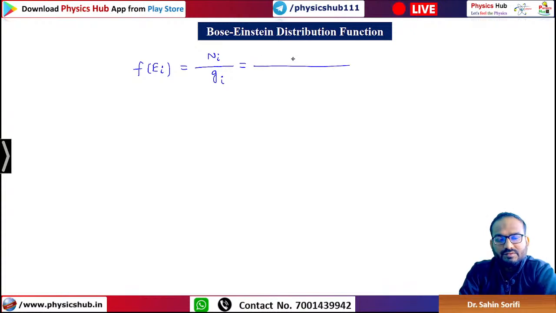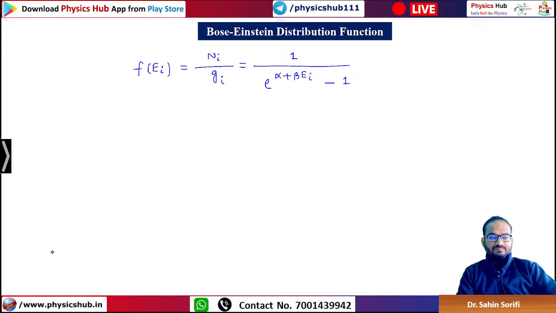So this is 1 by e to the power alpha plus beta Ei minus 1. This is the Bose-Einstein distribution function. This is also sometimes called Bose factor.